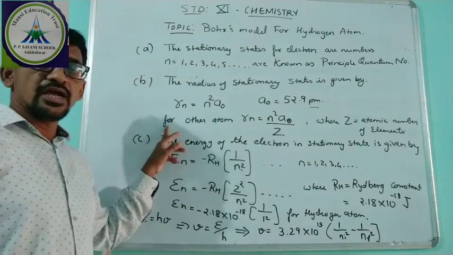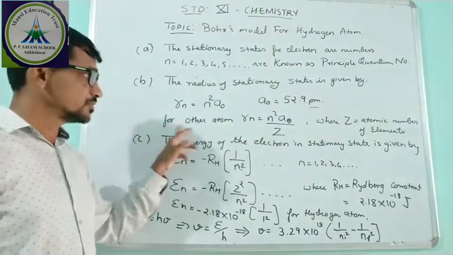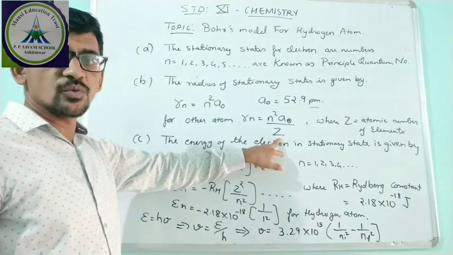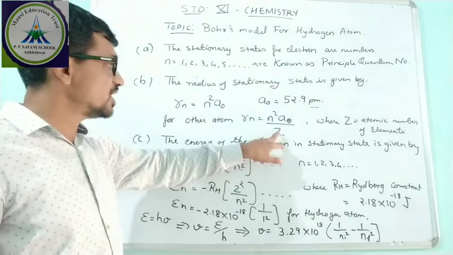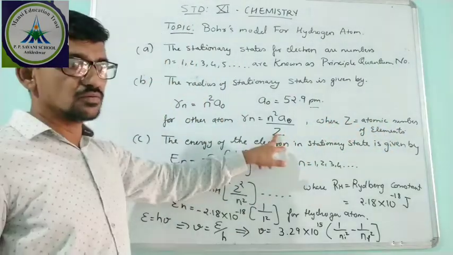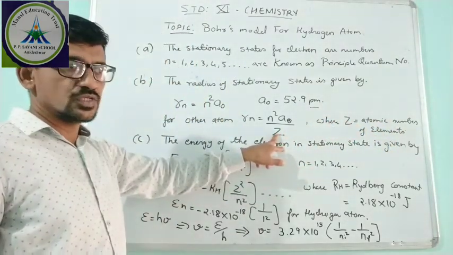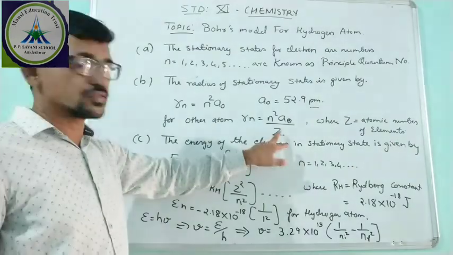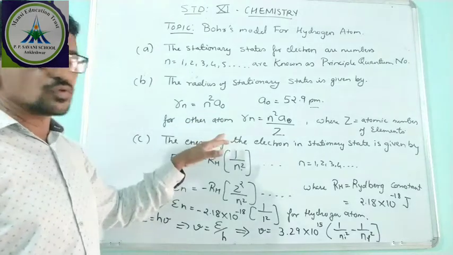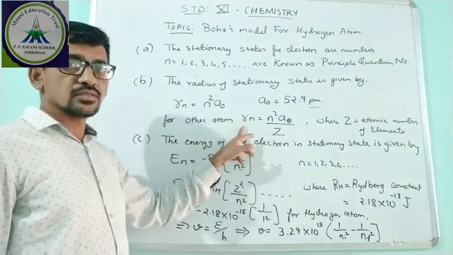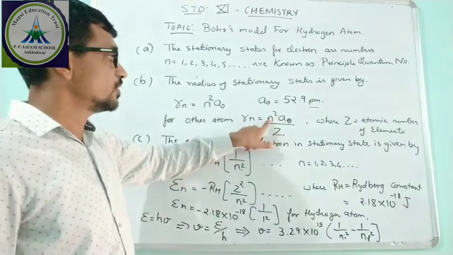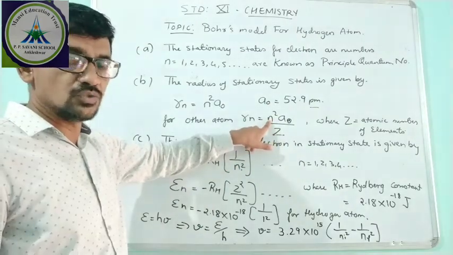For atoms other than hydrogen, you have to divide by a certain number. It's the atomic number. Suppose hydrogen, then Z is equal to 1, the atomic number of the element. If it is helium, then Z is equal to 2. Similarly, carbon is 6. So for a particular atom, if we want to find the radius, you have to write in which orbit that electron is, that is the principal quantum number 1, 2, 3, 4.